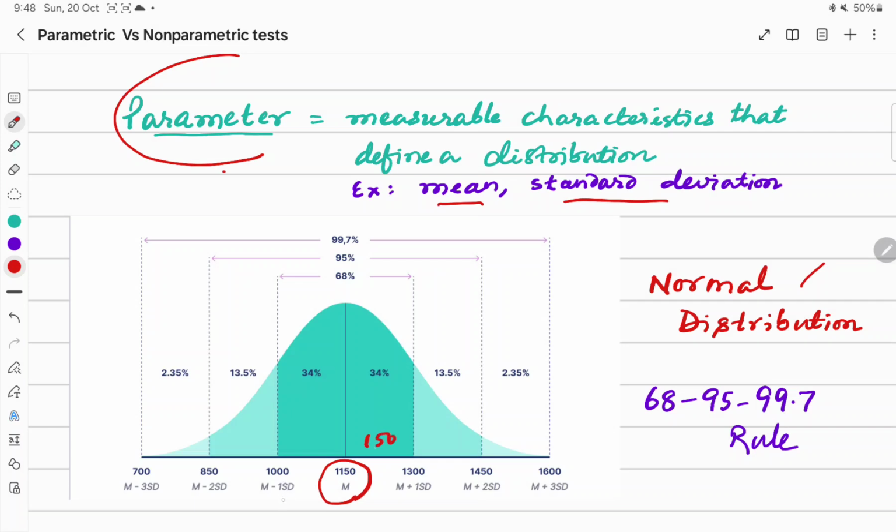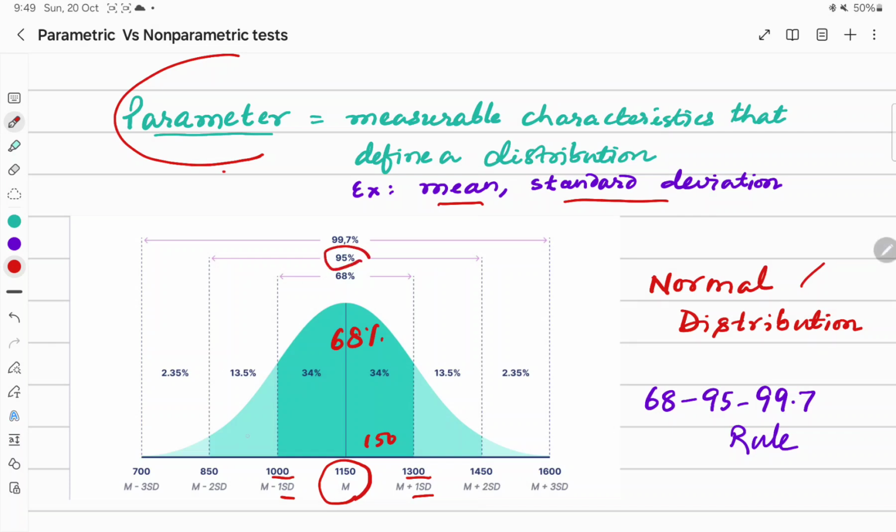So minus one standard deviation to plus one standard deviation, the data is between 1000 to 1300. So almost 68% of data comes within one standard deviation, mean plus minus one standard deviation.